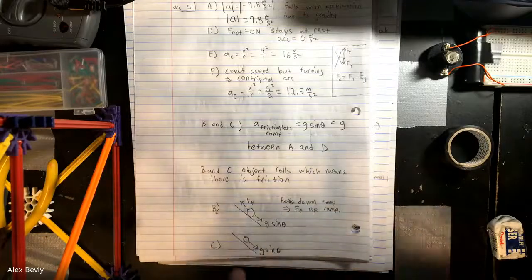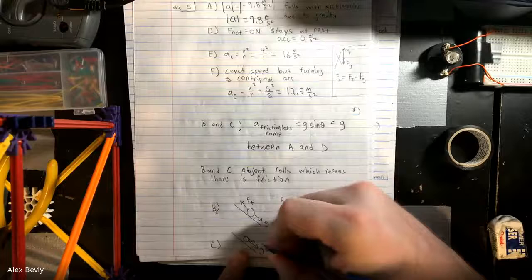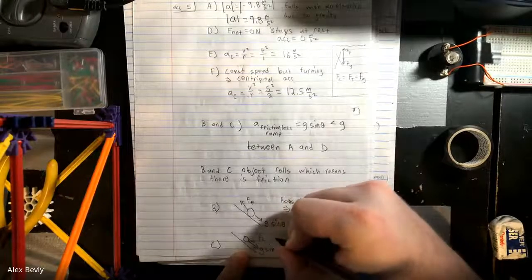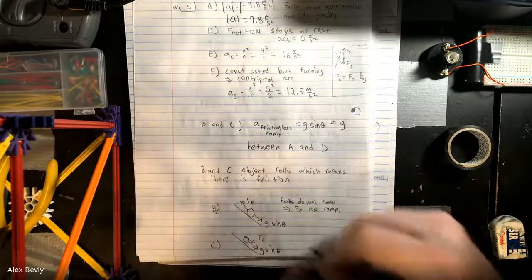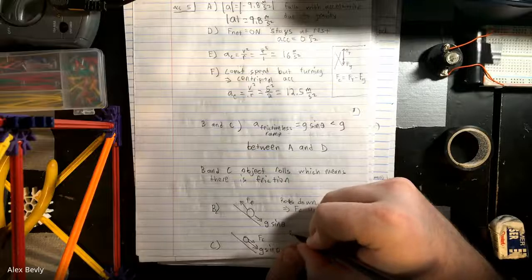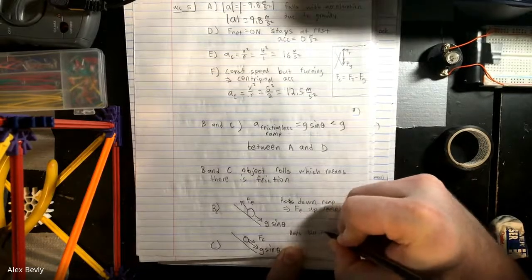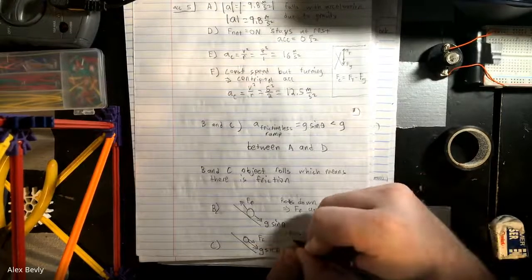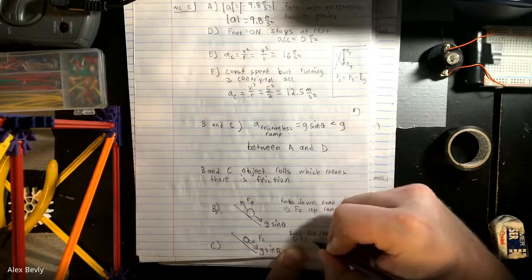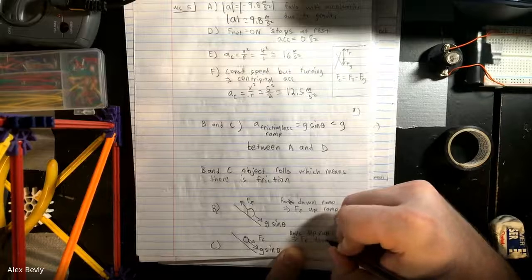So this one rolls up the ramp, which means the force of friction is down the ramp.